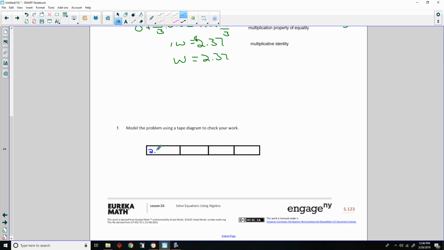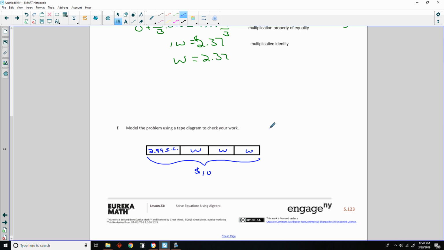This is the $2.89 ice cream. And then this is a water, and this is a water, and this is a water. The total is $10. And there's our tape diagram.